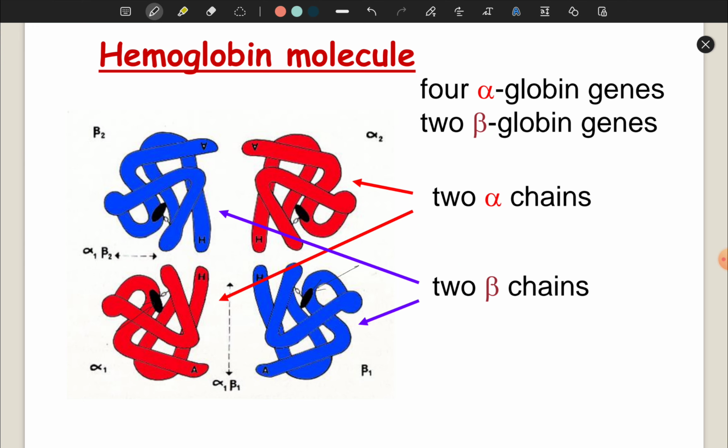With the binding of each oxygen, the affinity to further bind oxygen is increased, but each chain is carrying one oxygen molecule, and this is the major function of hemoglobin, as you know. Now, from the name hemoglobin: heme and globin.